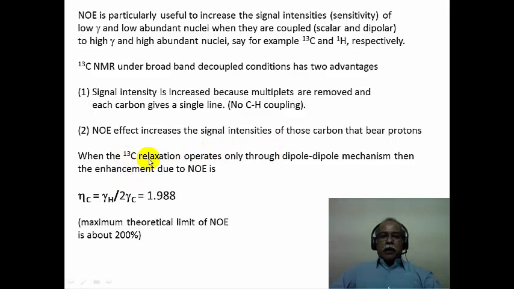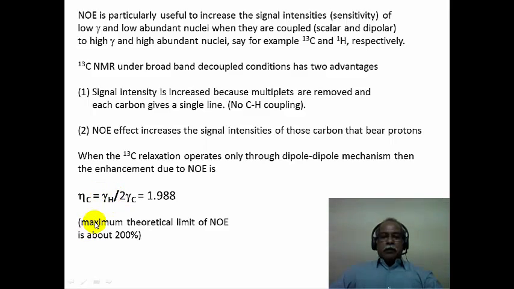When the carbon 13 relaxation operates only through the dipole-dipole mechanism, then the enhancement is given by this expression. In other words, the enhancement of the carbon signal intensity is equal to gamma of hydrogen divided by 2 times gamma of carbon, which works out to be 1.988, because gamma of carbon is 1/4 of gamma of the hydrogen atom.